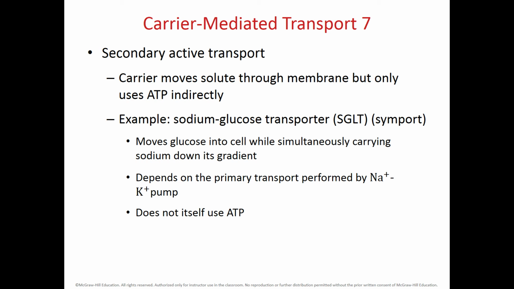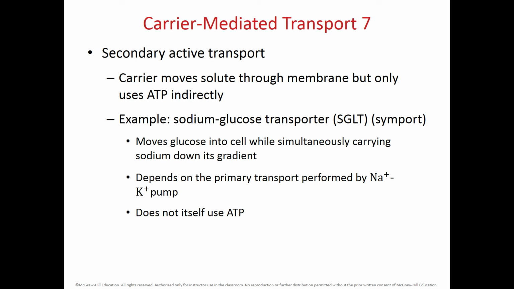Outside, in the lumen of our intestines, if we have ingested a diet rich in sodium and glucose, you will gain more glucose coming from the lumen of the intestines into the inside of the cells.